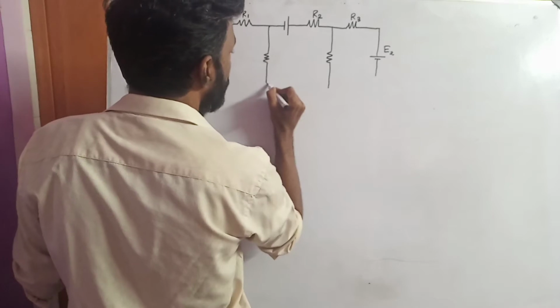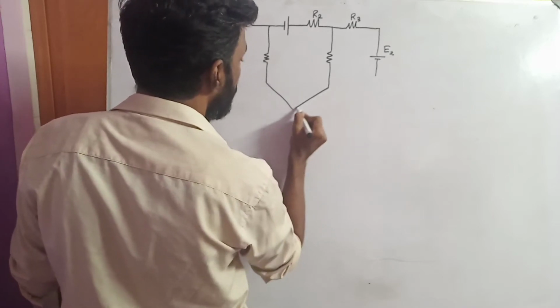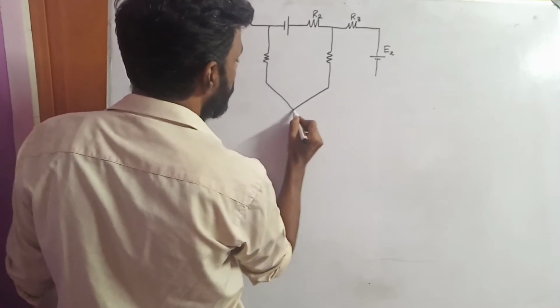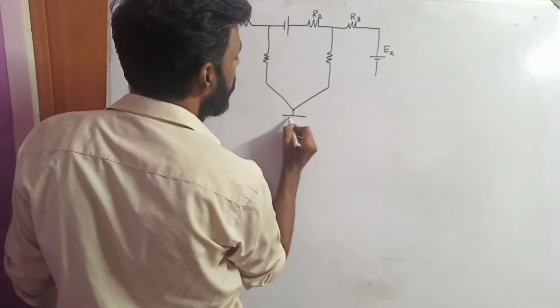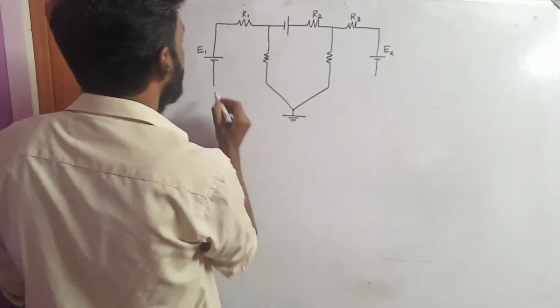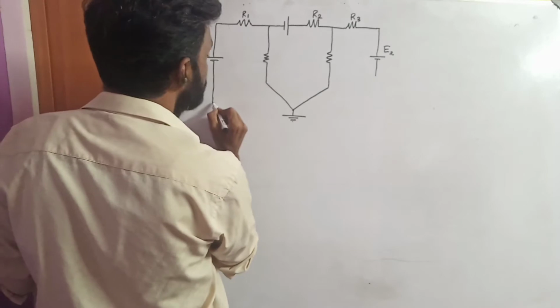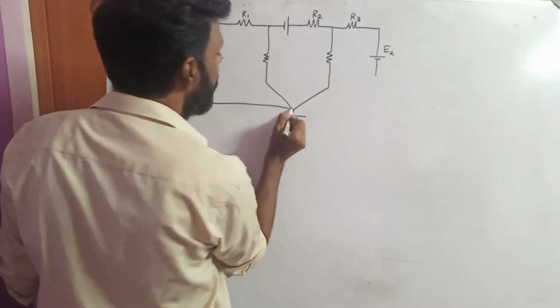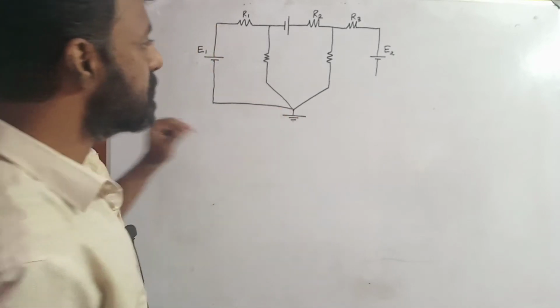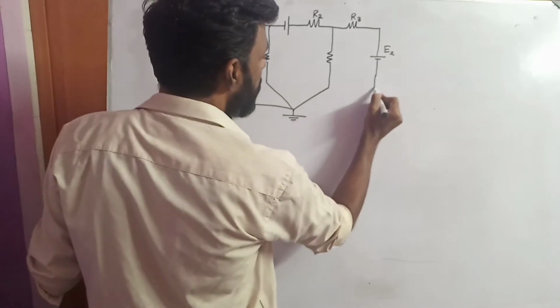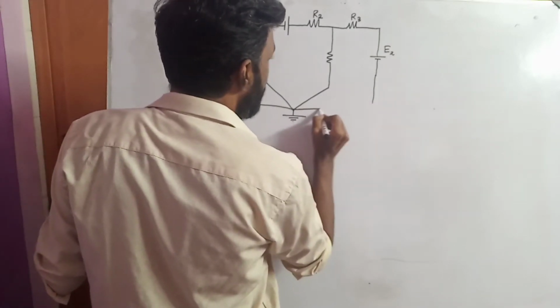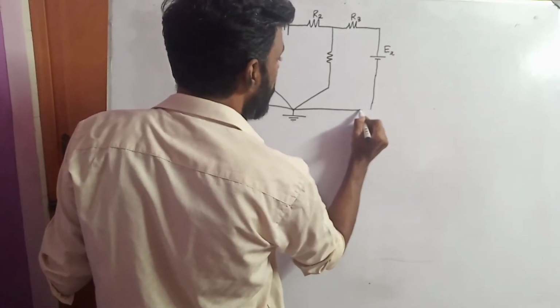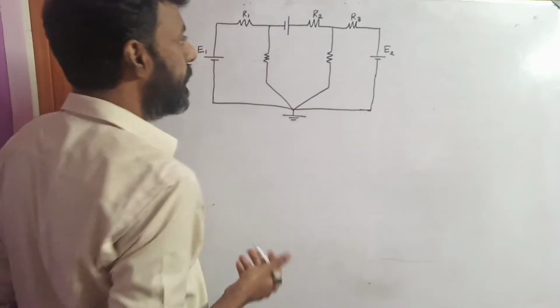Now this is the node point. This node point is being connected to the ground. So again I am connecting this point, that is the negative terminal of the battery, to the reference node. Similarly the negative terminal of the battery with EMF E2 is connected to the datum, that is the datum node.